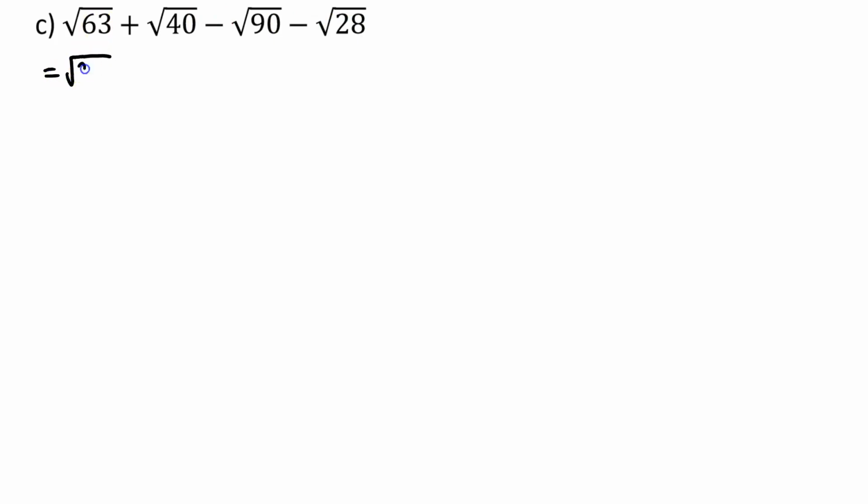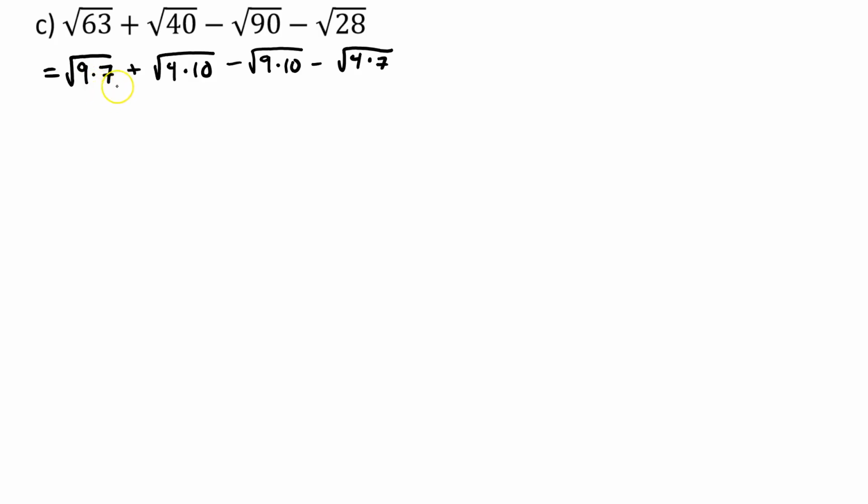So 63 is the same thing as 9 times 7 plus 40 is the same thing as 4 times 10, because 4 is a perfect square factor, minus 90, which is 9 times 10, minus 28, which is going to be 4 times 7. Not 4.7, that looks silly. 4 times 7.